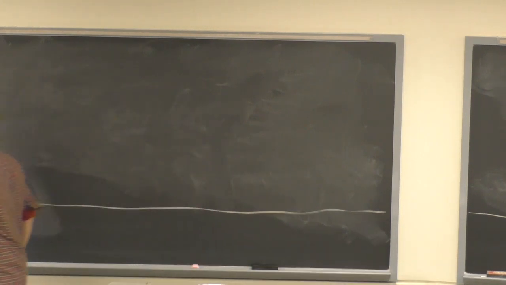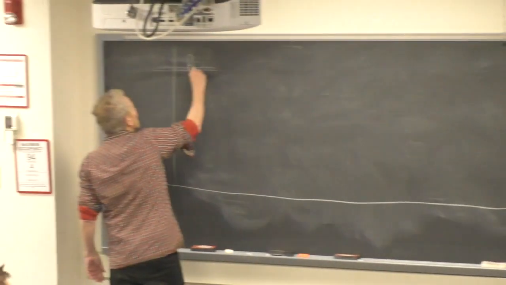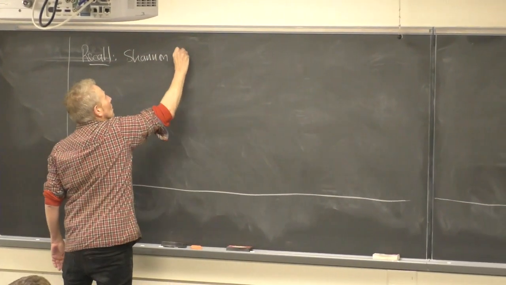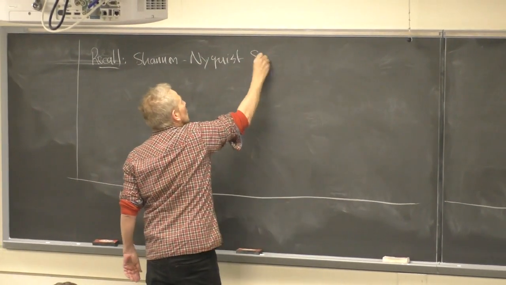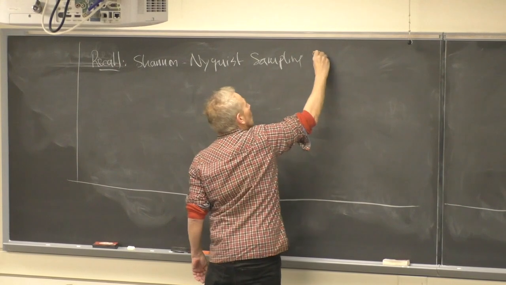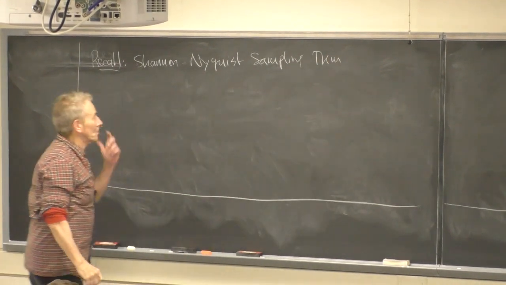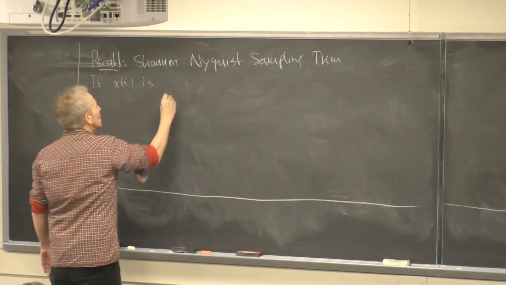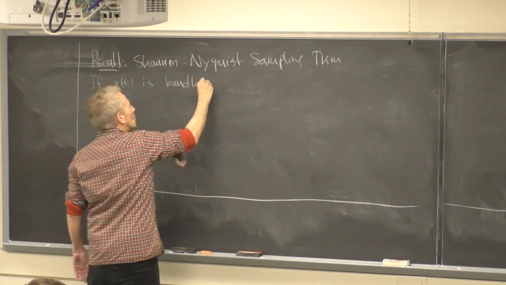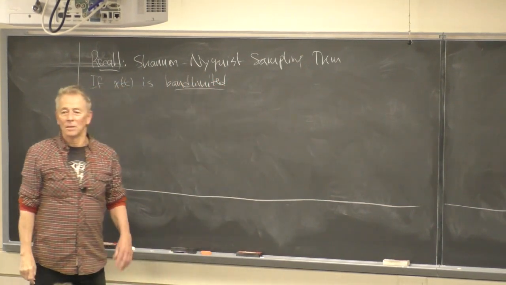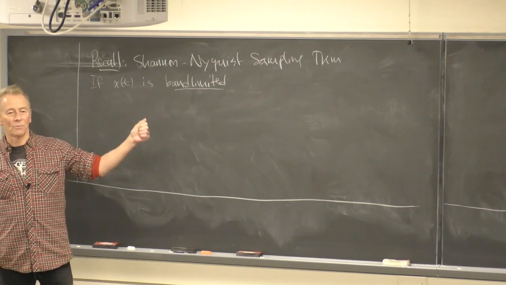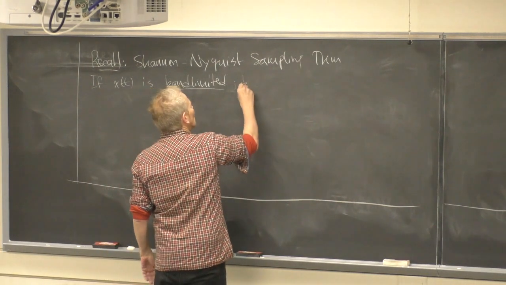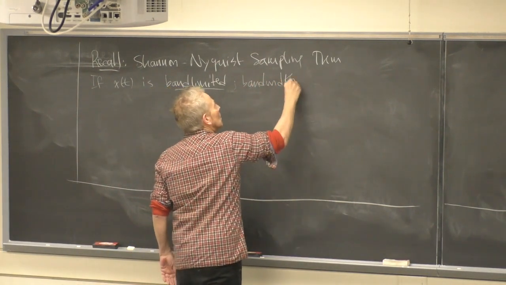Okay, so last time the main event was the Shannon-Nyquist sampling theorem. It goes like this. If you have a signal x(t) that's band limited, and I told you that when we're talking about signals that are just sums of sinusoids, that just means that the maximum frequency of all the terms is finite, and the bandwidth is f_max.